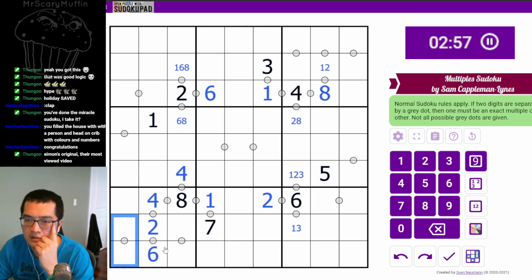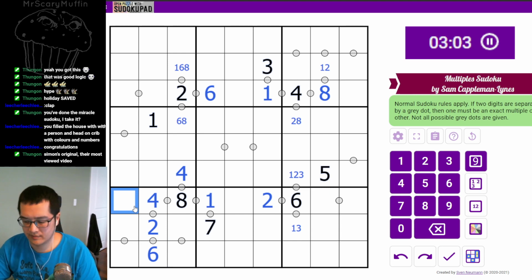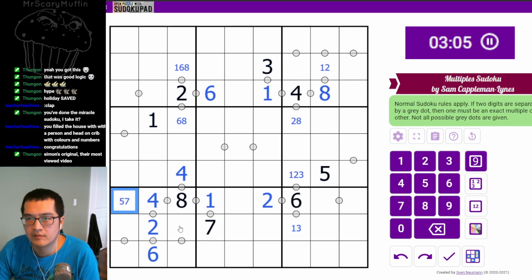1s have to be in here. One of these can be a 3, 9. This can only be a 5, 7. Prime number. One of these is a 3, 9, the other one is a prime number with the 1. 1, 2. This could be a 3, 9. We already have the 1, so it can't be a 5 or a 7.